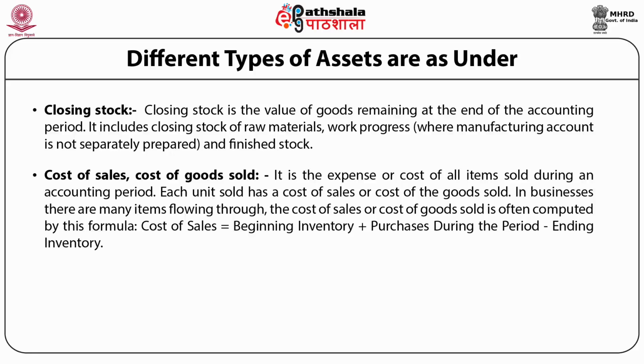The cost of sales or cost of goods sold is often computed by a formula. The formula is: cost of sales is equal to beginning inventory plus purchases during the period minus ending inventory.